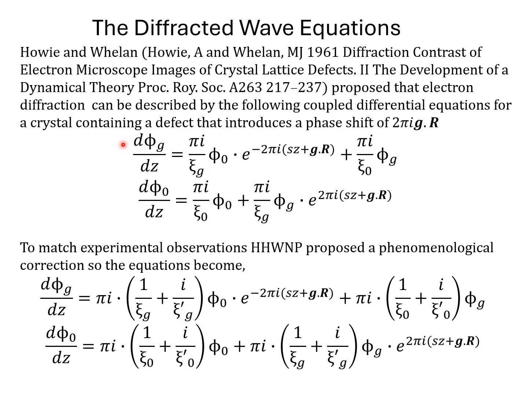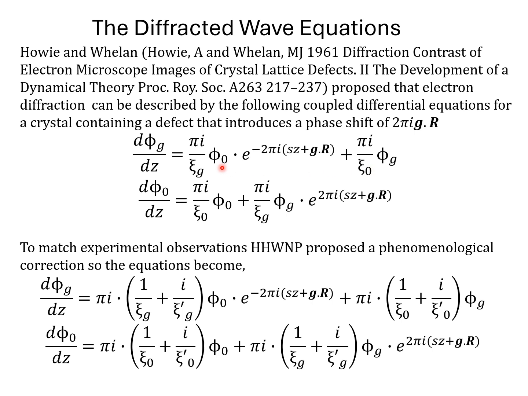So this d phi g by dz in this context, relative to the configuration we see here, you'll notice that each component is the denominator. There's this parameter called psi g or psi 0, and this is an extinction length.